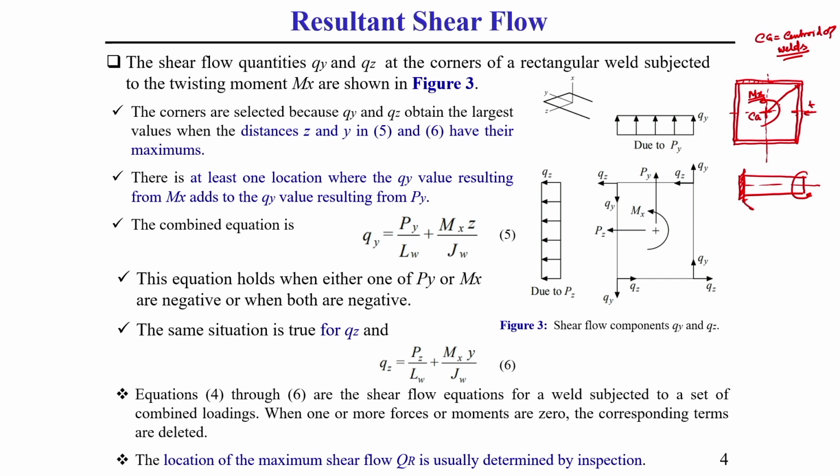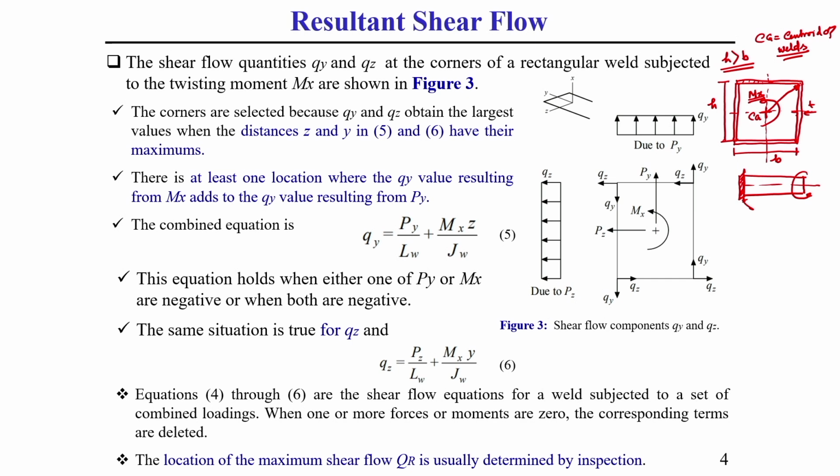So, you see for this rectangle, let us consider this is the height and this is the breadth. Let us consider that height A is greater than B. In this case, always keep in mind, the maximum shear stress due to torsion will act at this farthest corner point.